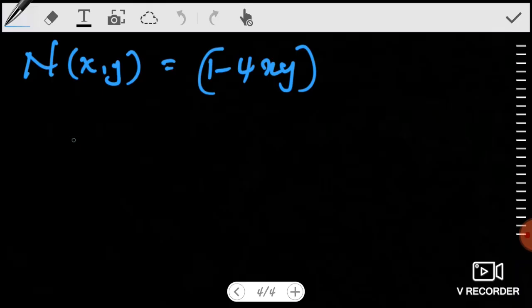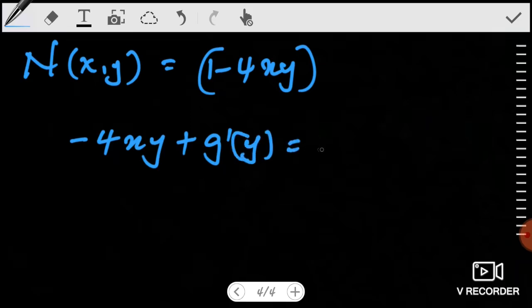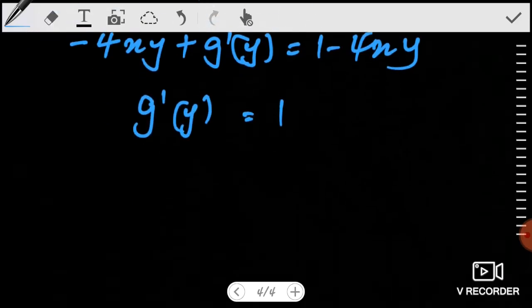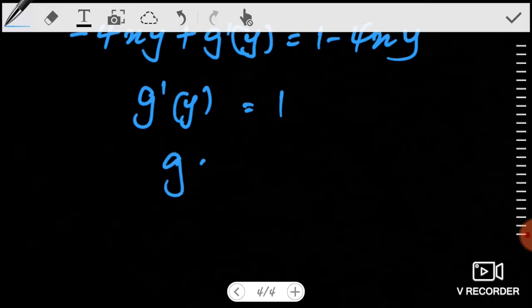That means that negative 4xy plus g prime of y must be equal to this, 1 minus 4xy, right? Now, if you compare them, negative 4xy is equal to this, and then g prime of y must be equal to 1, right? That means that g of y is equal to y if you integrate, all right?